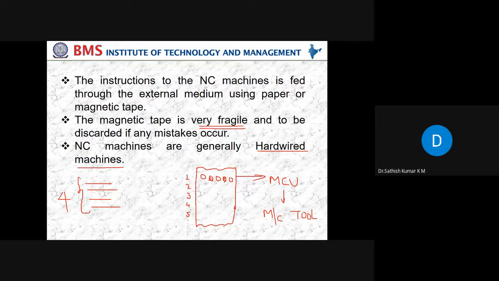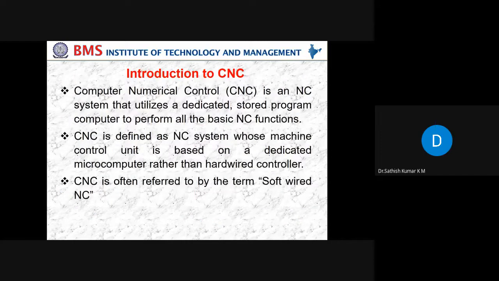In order to avoid this, we started a new technology called computerized numerical control. Earlier we had what is called the numerical control machine, the NC machine, which is more or less a hardwired system, and the major problem is with the punched tape.